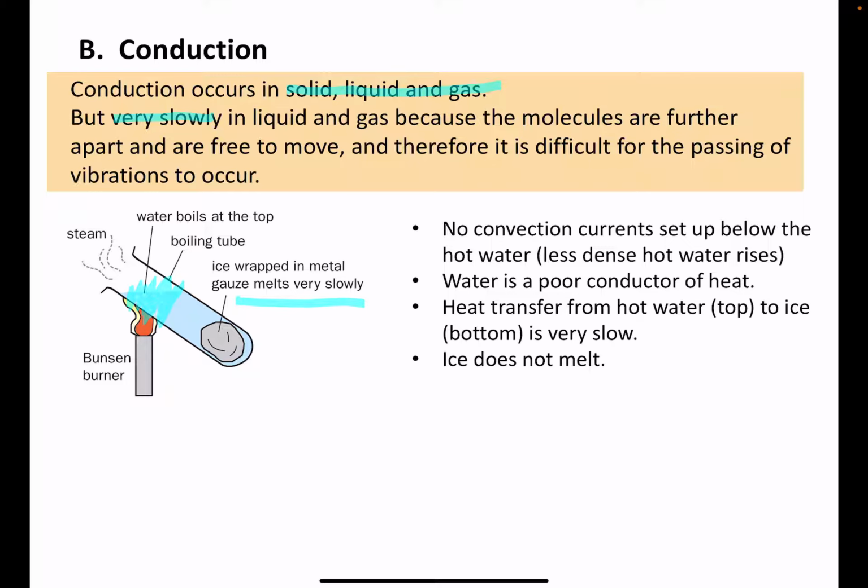The reason for this is because there are no convection currents, which we'll do later, set up below the hot water, and water is a poor conductor of heat. So thermal energy is transferred very slowly from the hot water to the ice, and therefore the ice does not melt.